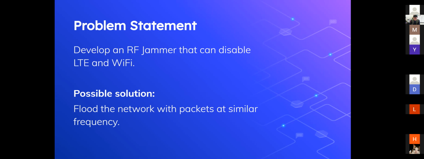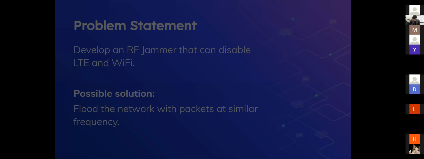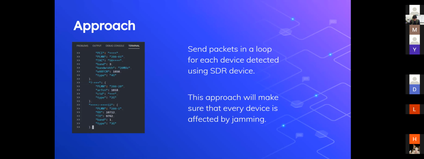Since legally all network devices are required to beam their ID and information about them, I will use that information to jam the network with packets at similar frequency. My approach will be to send packets in a loop for each device detected using the SDR device, and this will make sure that multiple devices are in the effect of jamming.